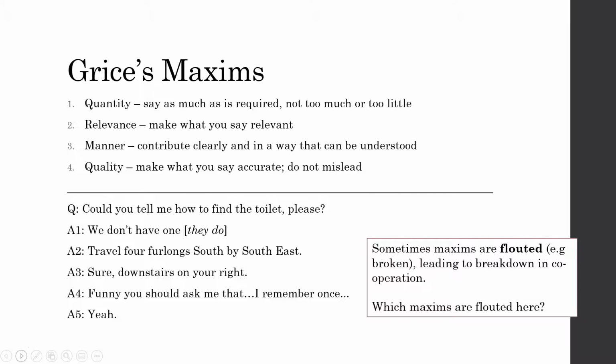However, our language is not one of those. This might be a truthful answer. The toilet might actually be 4 furlongs away in a south by southeasterly direction. It's not, however, contributed in a way that can be understood by most speakers, so it violates the maxim of manner, which is the third one on the list above.